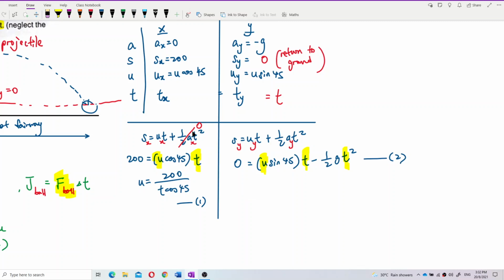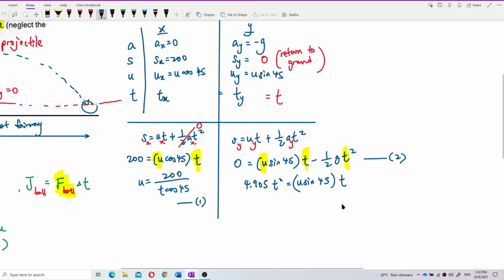So I got 4.905 t square equal to u sine 45 t. This one just transfers to this side, so the negative becomes positive.